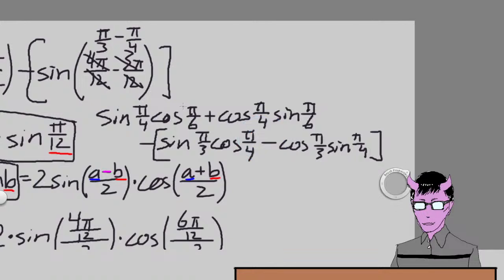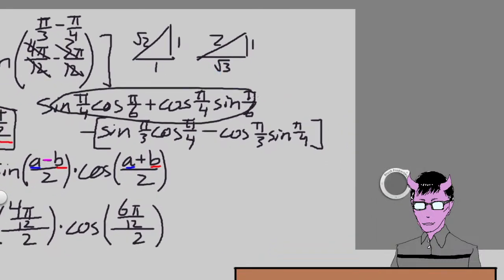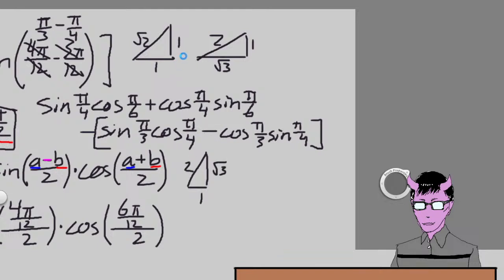That's a lot of work. Well, pretty simple reference triangles. Okay, that's for the first two terms, and then for the ones in the brackets. And this one's just the same as this one.